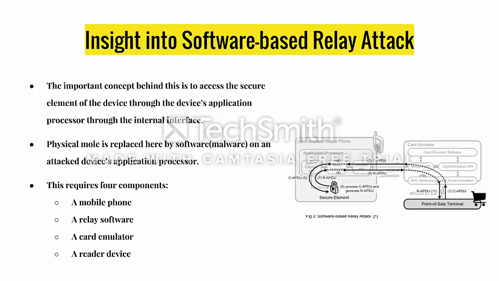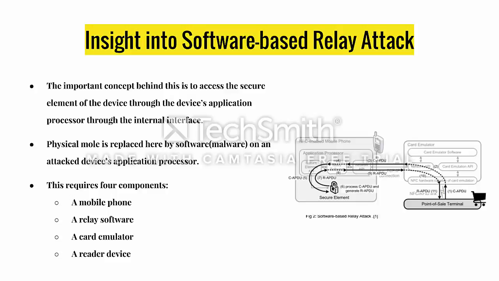this requires four components: a mobile phone, which is under the control of its legitimate user; relay software under control of the attacker; a card emulator, again under control of the attacker; and a reader device, say a point of sale terminal.